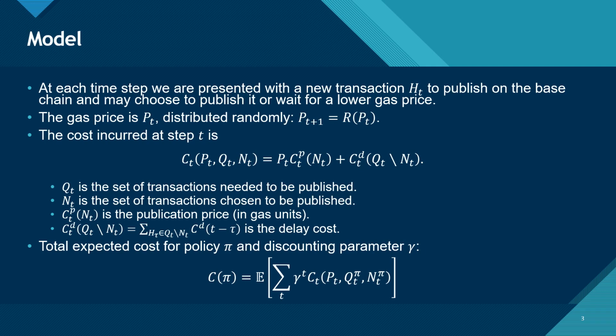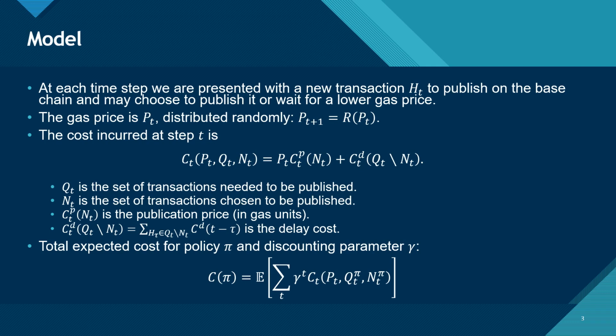The cost that we incur at step t is divided into two costs. The first one, C_t^P, is the publishing cost, which is in gas units: how much it costs to publish the transactions that we want. And C_t^D is the delay cost, which is how much we will pay to wait for a future time with the transactions that we choose not to publish at this timestamp.